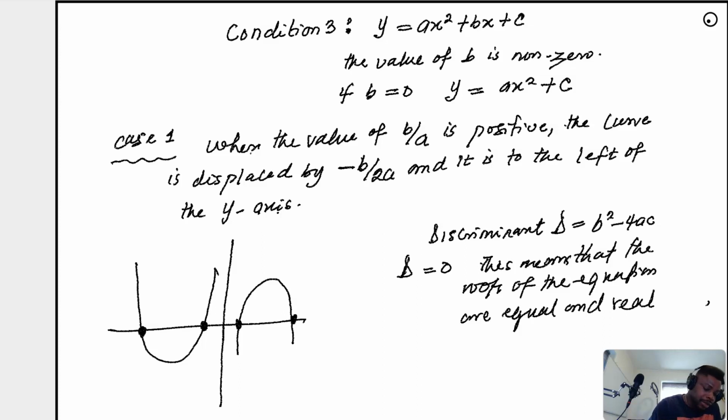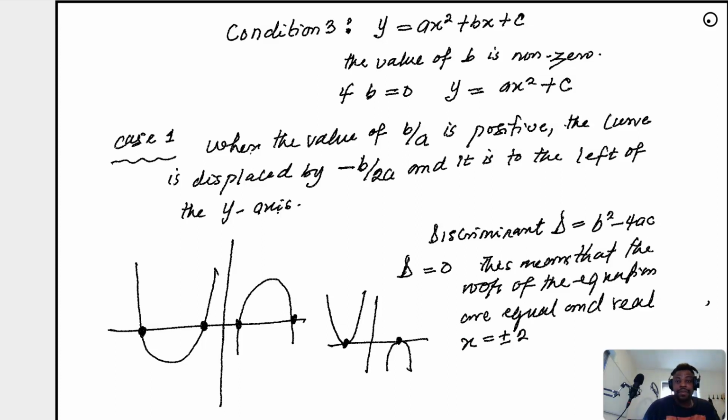They are equal and real simply means you might have something like this, your curve cutting the x-axis on just one value of x, or you can have something like that on just one value of x. That is why you can see in some quadratic equations, x is equal to plus or minus 2. Do you understand that? So you will have just one value of x.